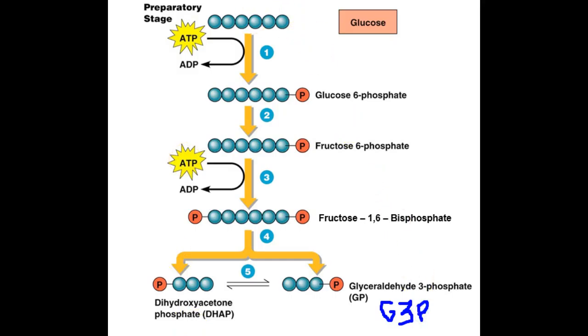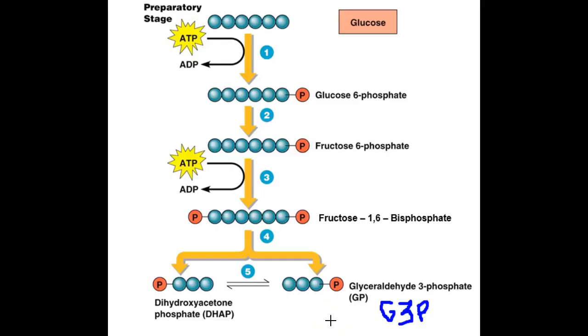So let's talk about this. If you look on your diagrams in your textbook, you'll see that there are some structural differences when fructose 1,6-bisphosphate splits. It splits and the 2 pieces aren't exactly equal. The one piece ends up being this dihydroxyacetone phosphate, and the other one ends up being the G3P molecule.